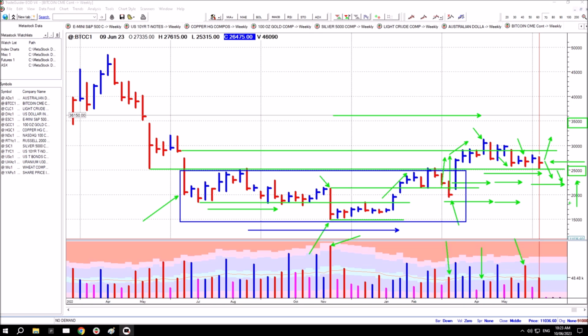around the 25,000 level. The next higher level comes through here, and a push above that level would be a secondary breakout, and the next high level above that is just above the 35,000 level where price broke down over here.